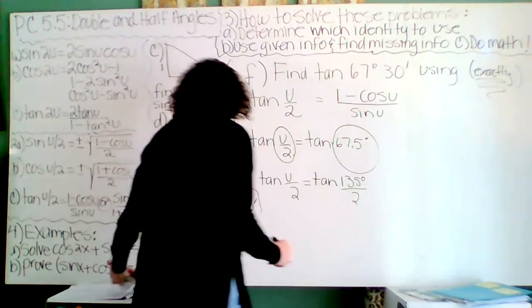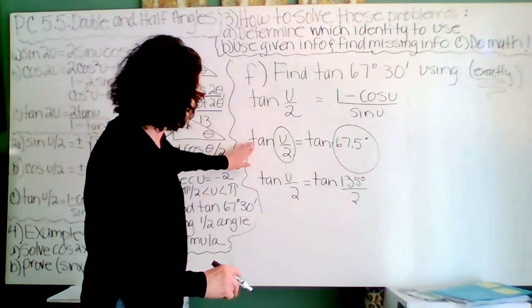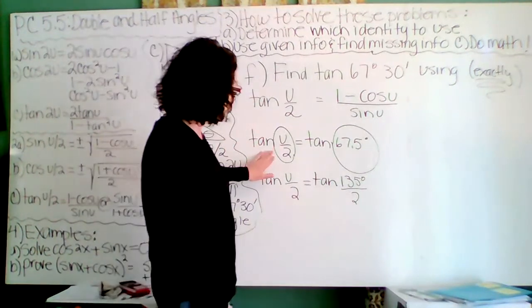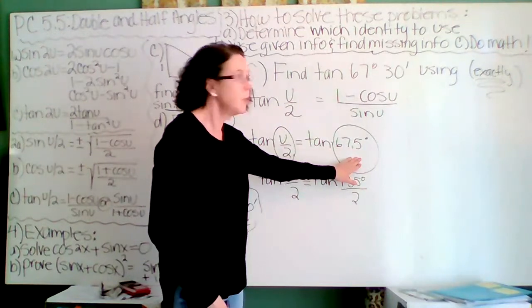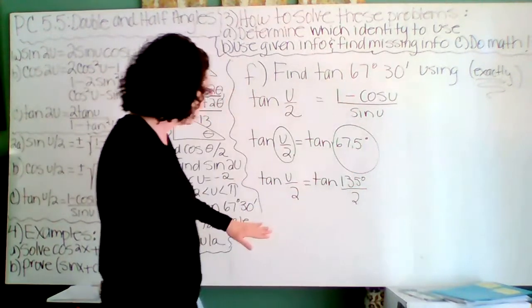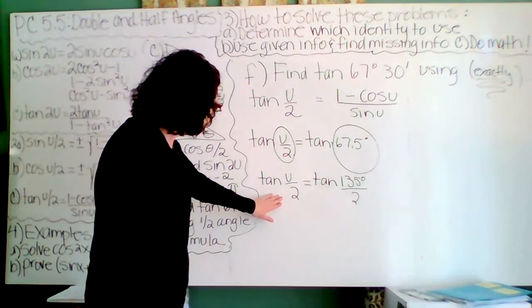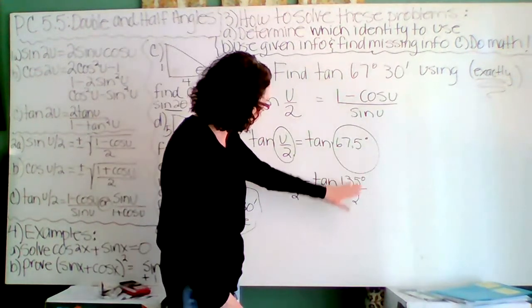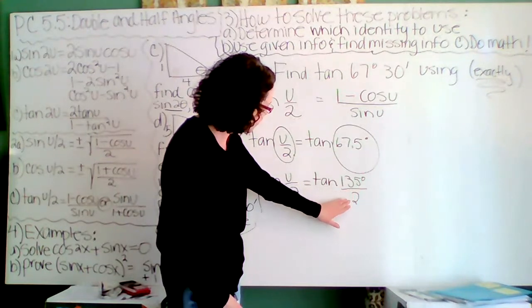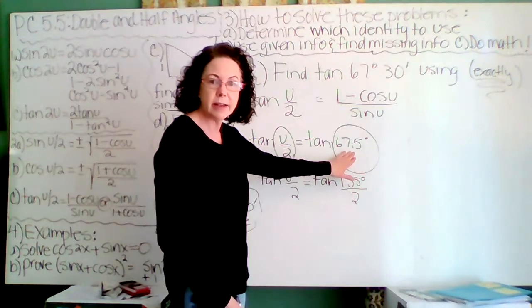So let's take a look. See how I match this up. Tangent of a half angle, they told us to use it, has to equal tangent of 67.5 to answer this question, right? So tangent of u over 2 then, notice I doubled 67.5 because 135 divided by 2 is 67.5.